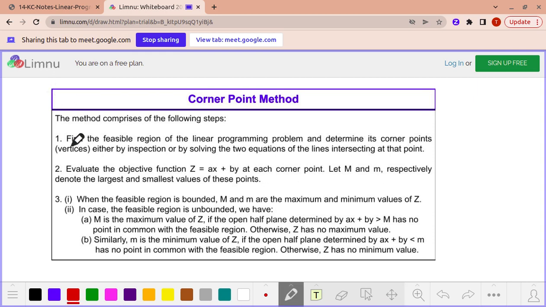What is the first step? First step is to find the feasible region of the linear programming problem and determine the corner points, that is the vertices, either by inspection or by solving the two equations of the lines intersecting at that point. Second step is to evaluate the objective function z equal to ax plus by at each of these corner points.